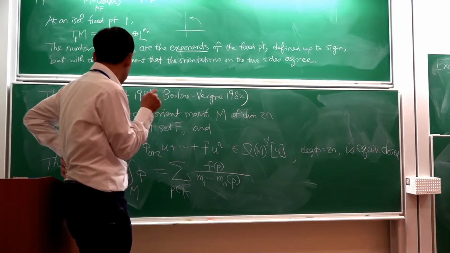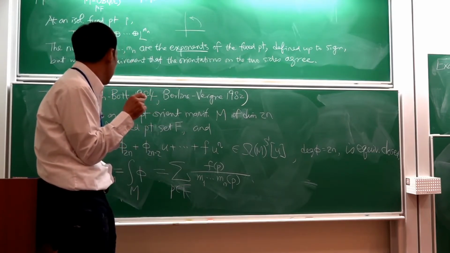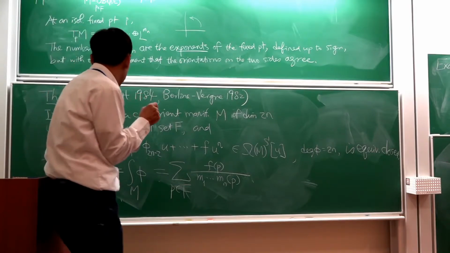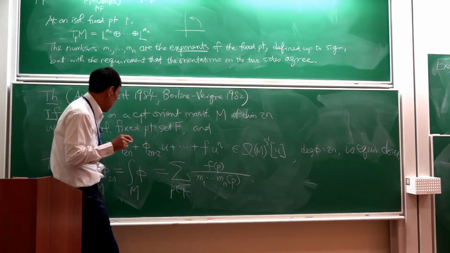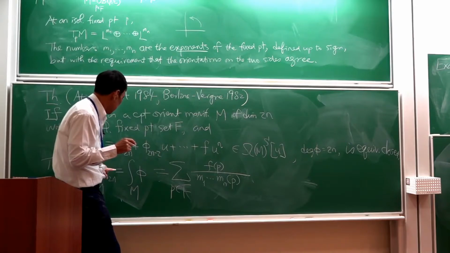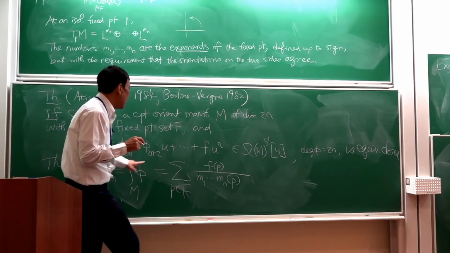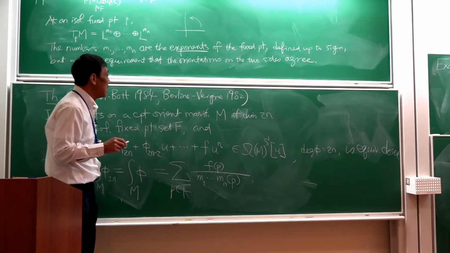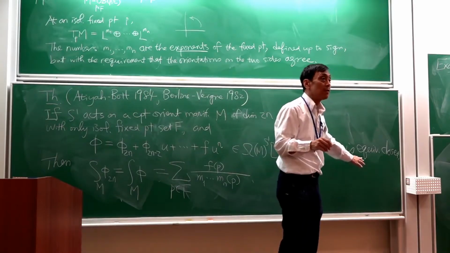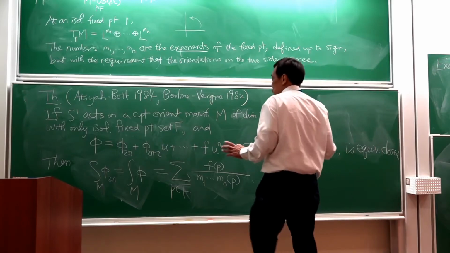So there must be some relation between phi 2n and the function f. That's right, and it comes from the fact that phi is equivariantly closed. Yes, that's a very good point.